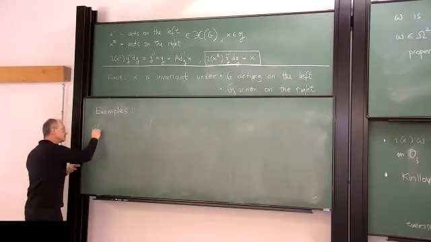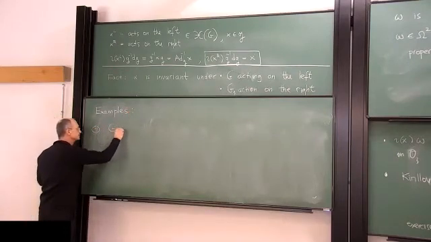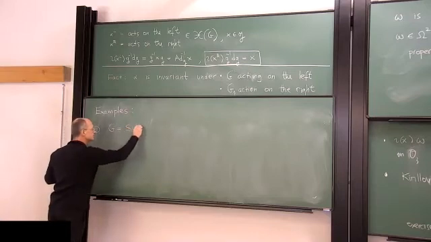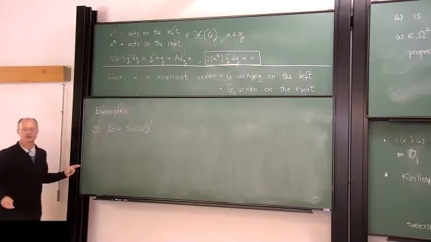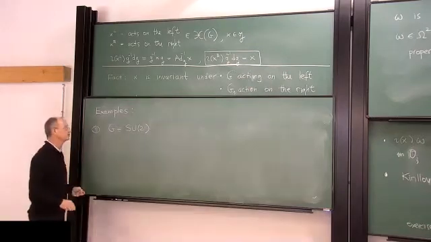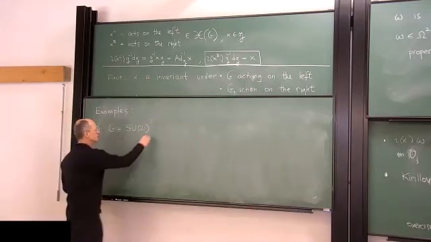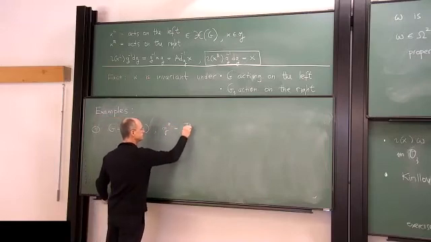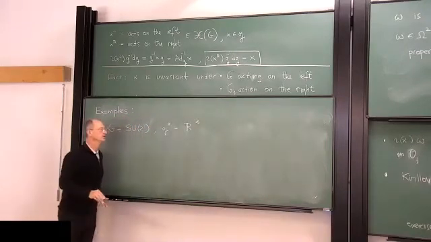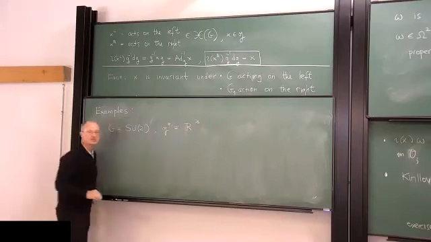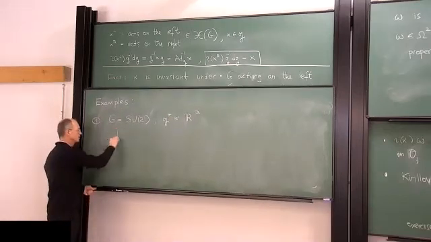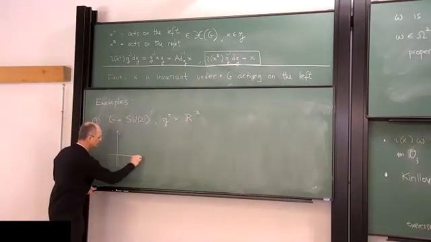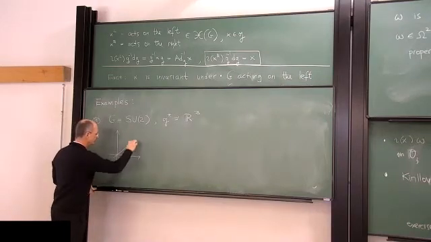So the first example is the group of unitary 2x2 matrices of determinant 1, the group SU(2). The space g star is isomorphic to the vector space R3. So one can visualize all that.